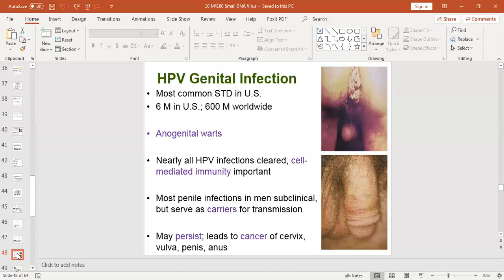And unfortunately, these individuals will serve as carriers to transmit the disease during sex. These subclinical infections may persist and lead to cancer, a variety of cancers in both males and females, including cervix, vulva, penis, and anus.